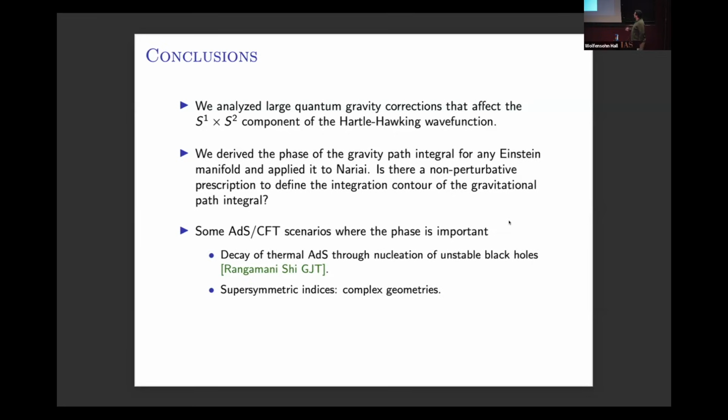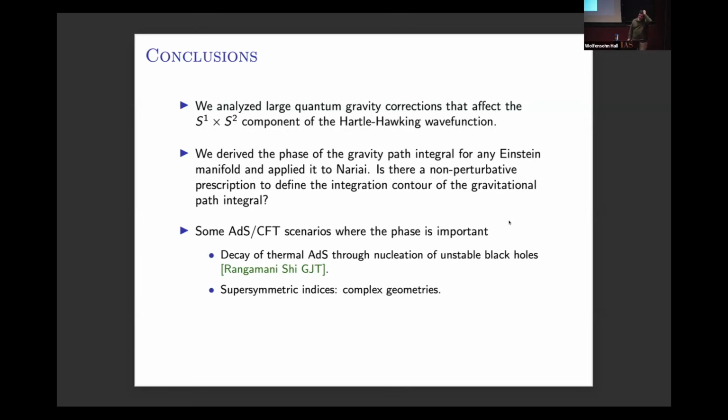Finally, I just wanted to mention two AdS/CFT scenarios where the phase is important. One I already mentioned, so I won't repeat it. Another scenario that I think is interesting is when we compute supersymmetric indices using the gravity path integral, and we can compare with the supersymmetric index in the dual CFT. The geometries that compute the index are complex, completely complex in general. Sometimes they happen to be real, but that's very special, even in Euclidean signature.